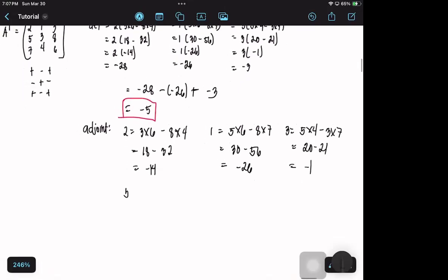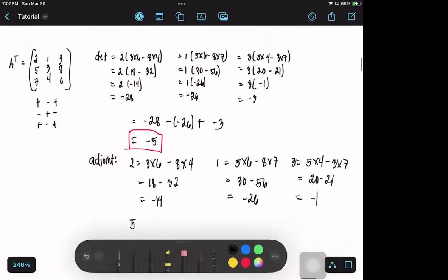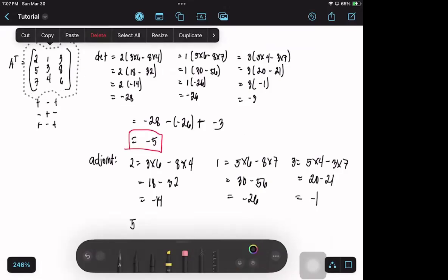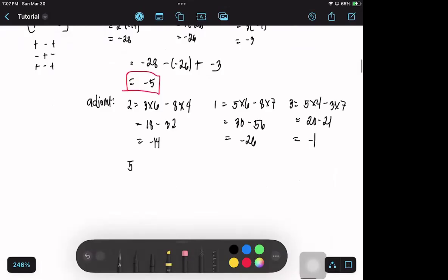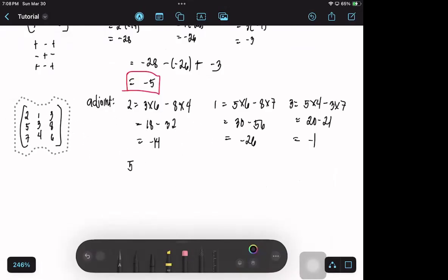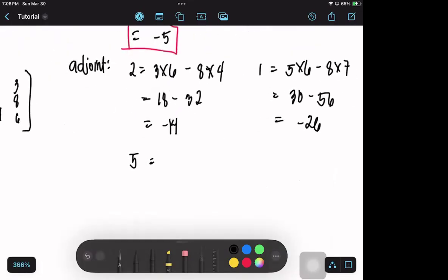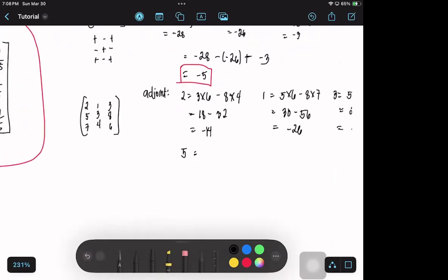We'll proceed to the second row. Let me copy our matrix so I can bring that down and have a basis already. The next thing is the cofactor of the 5.